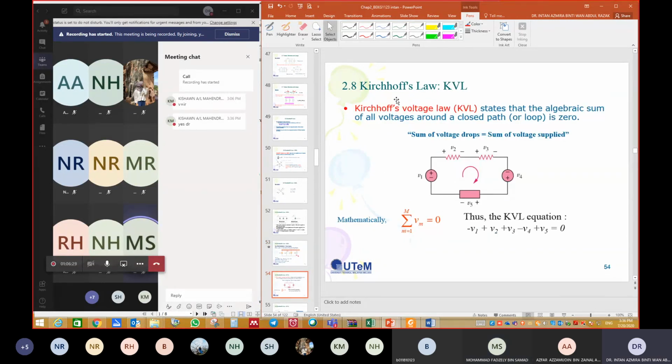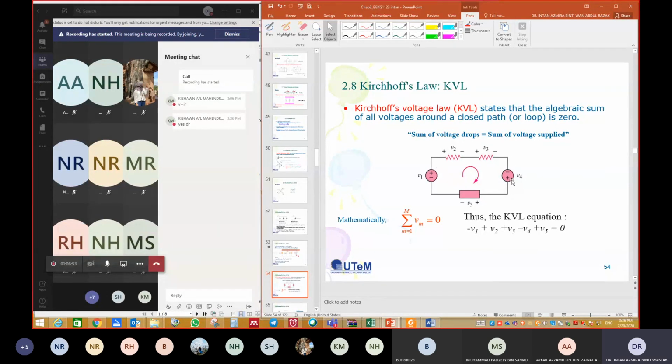Okay, the next is KVL. KVL is Kirchhoff voltage law. It states that the algebraic sum of all voltages around a closed loop is 0, meaning the summation of voltage in a loop is equal to 0. Or the sum of voltage drops equals the sum of voltage supply.